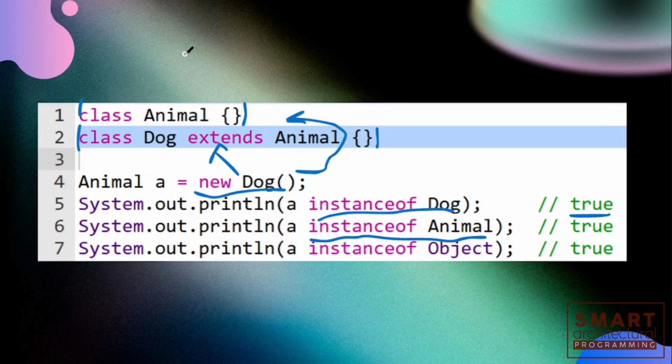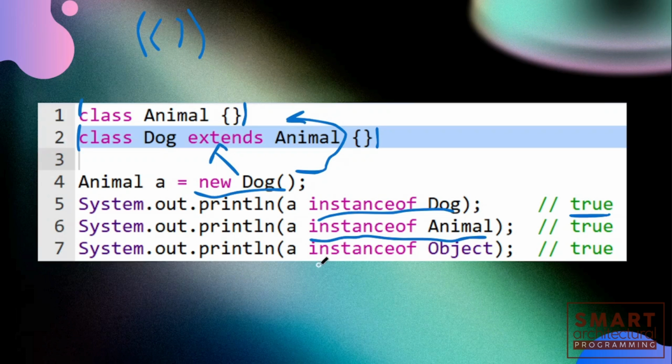Let's say the Animal class defines a blueprint, a two-story home. The Dog class takes that blueprint and adds landscaping designs on top of it. So if we ask, is this part of the Animal class, the two-story home? Yes, it is. And is it part of the Dog plan, the landscaping plans for the two-story home? Yes, it is.